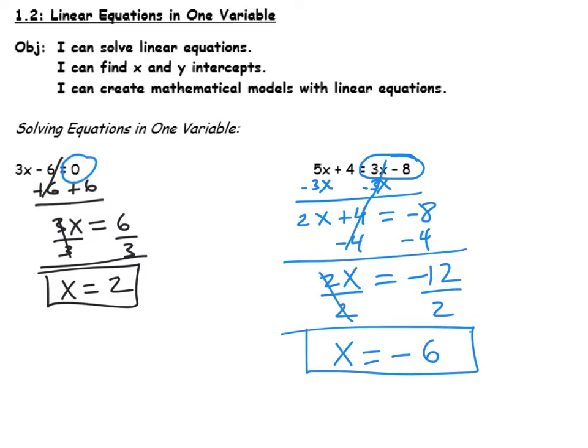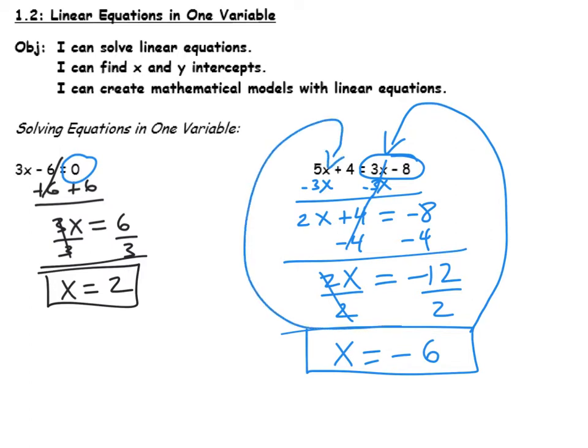So remember, I'm not going to do it for the sake of time, but if you plug negative 6 back in for X on both sides, it's not a bad idea to pause now and do it, to convince yourself that negative 6 is a solution to this equation. Both sides need to simplify to the same number, okay? And from looking at it, I think you're going to get negative 24 on the left and on the right.